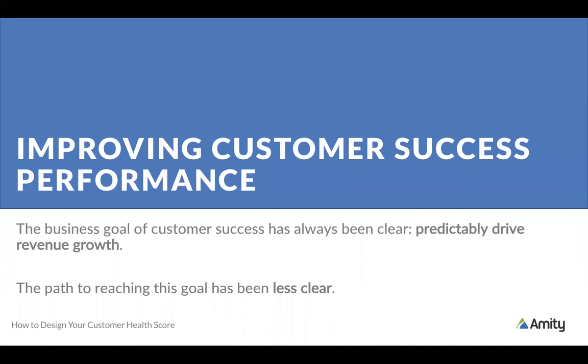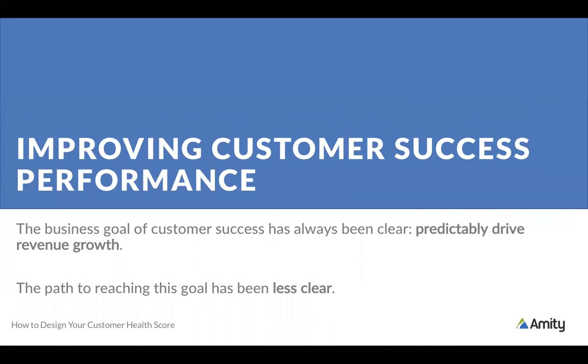We've been talking to a lot of SaaS companies and to our customers about how you systematically go about improving the performance of your customer success organization and your business. We're starting to roll out a model based on what we've learned there, and we're very excited to give you a preview of that model today, and to show you how designing your customer success health score can be a key capability for improving your customer success performance.